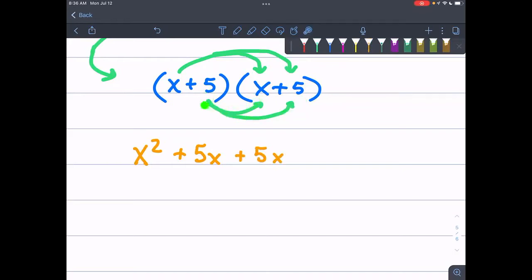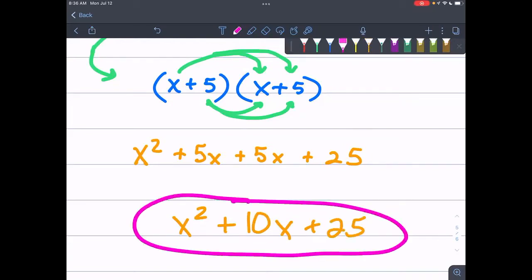And then 5 times 5. All right, x squared plus 10x plus 25 should be your final answer.